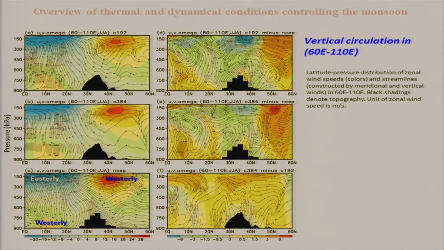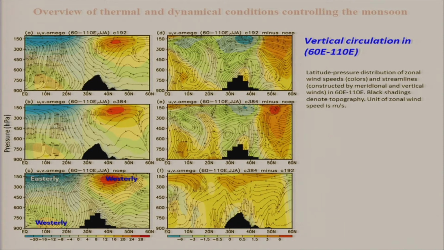For more detail on the circulation features, we can see, for example, the blocking effect over the south flank of the Himalayas and Tibetan Plateau. This is the westerly jet and the easterly jet combined. You can see the upper level anticyclone circulation, the southwesterly monsoon over South Asia, and the upward motion over the plateau.